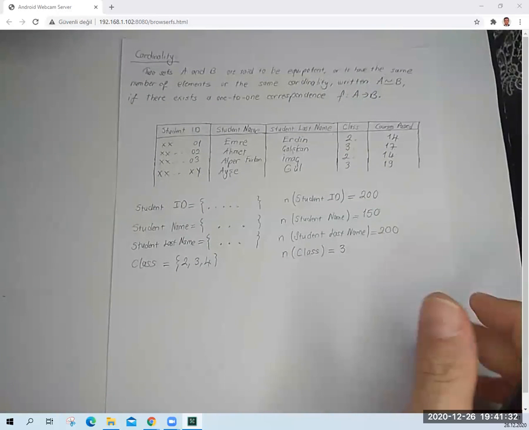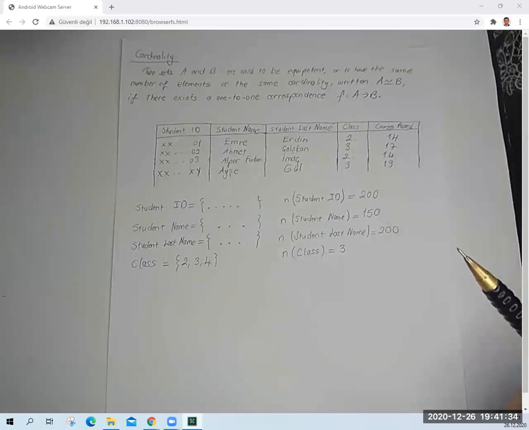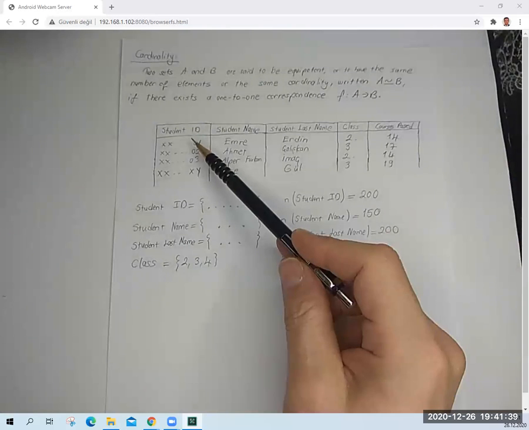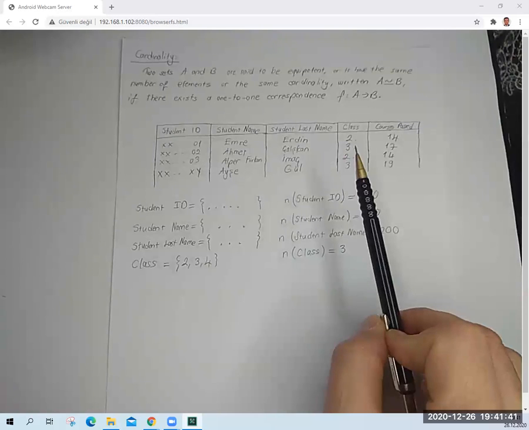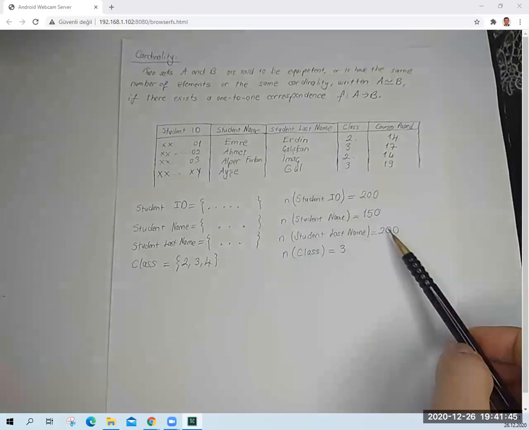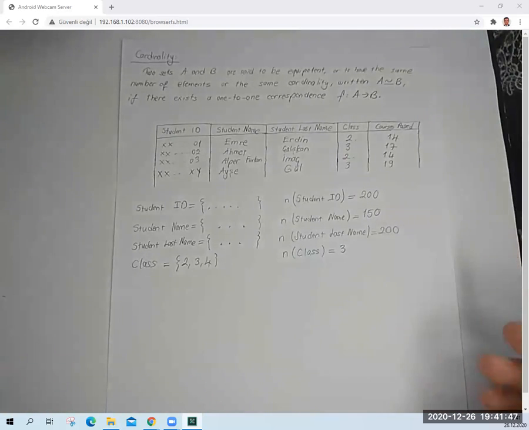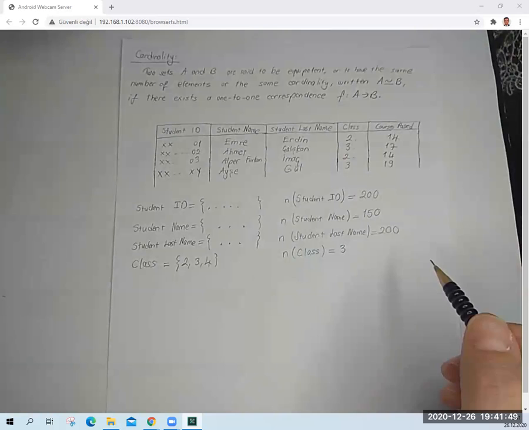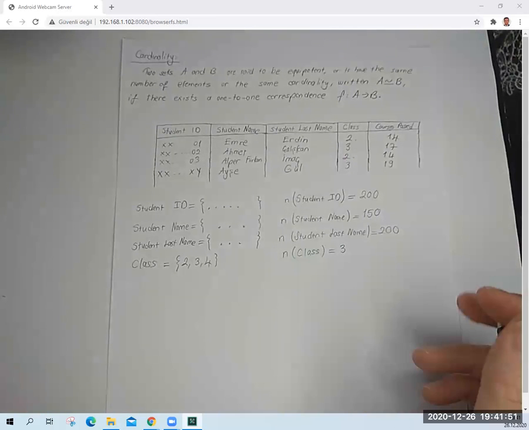Or uniqueness, I don't know. You can say uniqueness. And you see student ID and last name give exactly the same cardinality. So this is the meaning of cardinality.